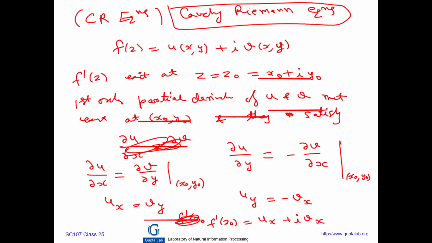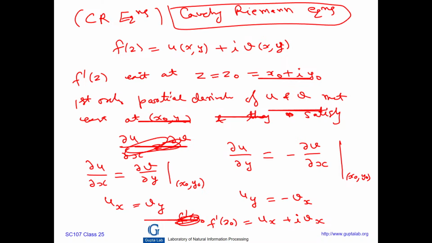So basically you can just play with the stuff, right? I can always ask questions: give an example of a function for which the Cauchy-Riemann equations are satisfied and the function is not analytic. कुछ लोग सोचते हैं यार Cauchy-Riemann equation satisfy हो गया, function analytic होगा ही होगा ना, पर ऐसा नहीं है. Okay? हाँ, अगर analytic है तो Cauchy-Riemann equation satisfy करेगा. Analytic है तो उसके component function harmonic function होंगे.